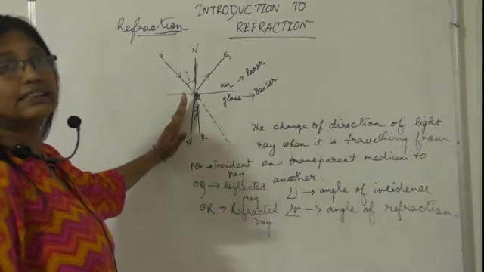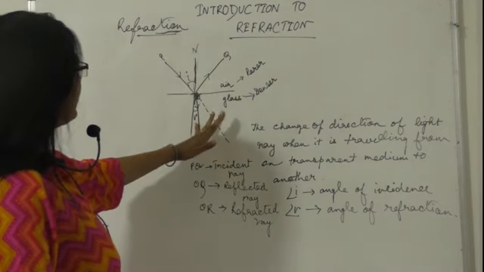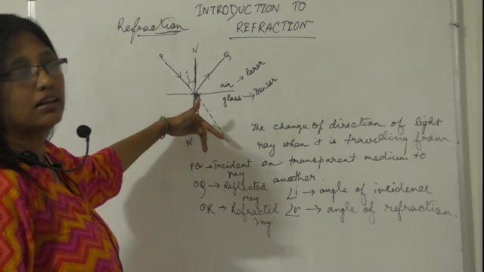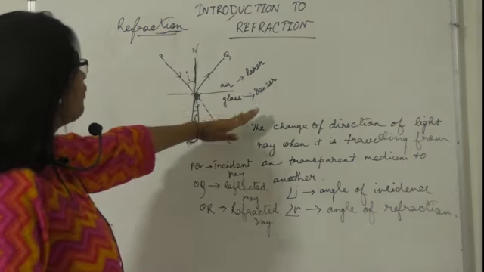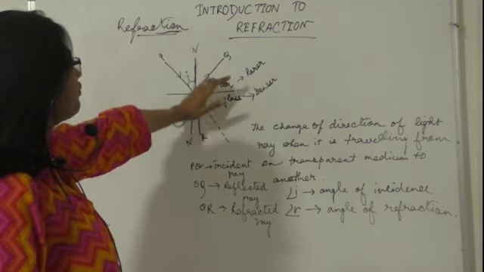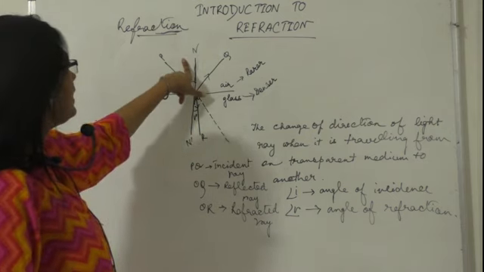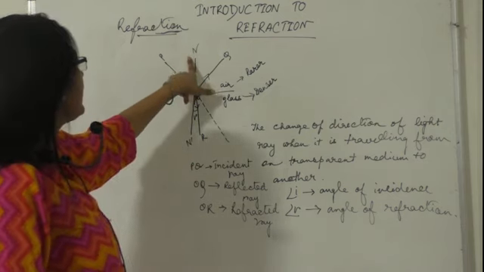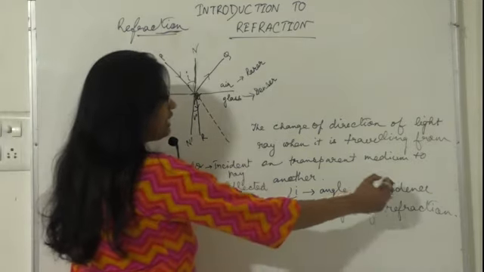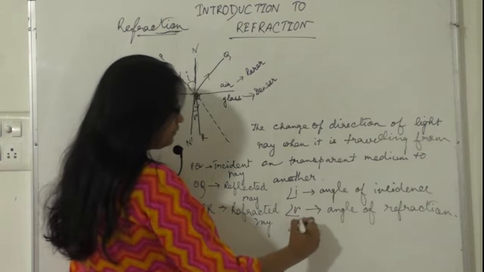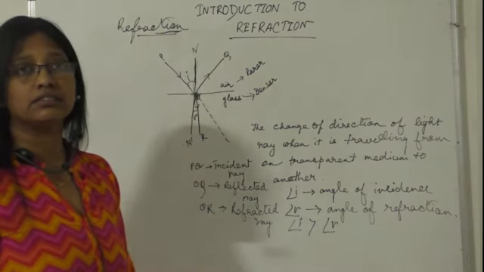Now as you can see here, angle I is greater than angle R. So when the light is traveling from rarer medium to denser medium, the angle I must be greater than the angle R. That means the angle of incidence is greater than the angle of refraction.